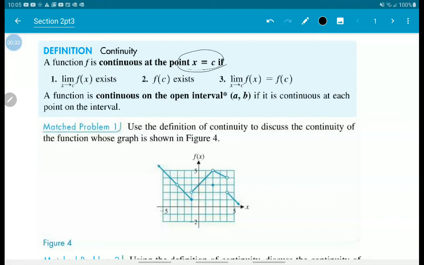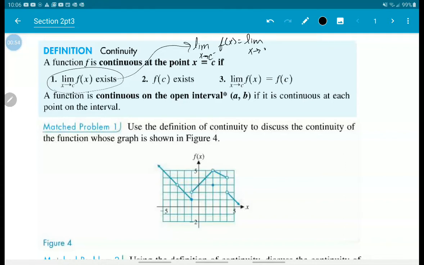We're calling that point x equals c. First off, the limit as x approaches c of f of x has to exist. Now, there's an underlying premise with this. Remember, for that limit to exist, the left hand and the right hand limits have to match up.